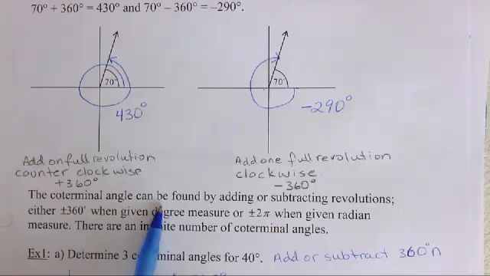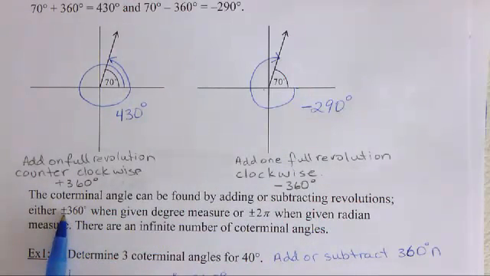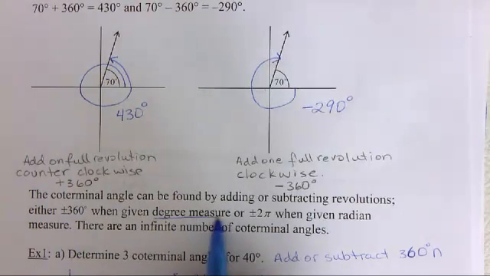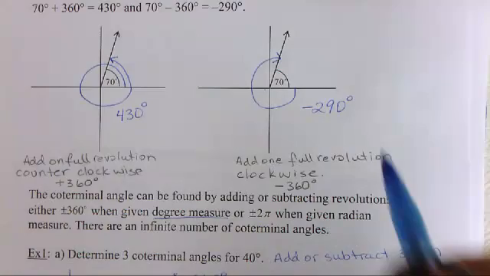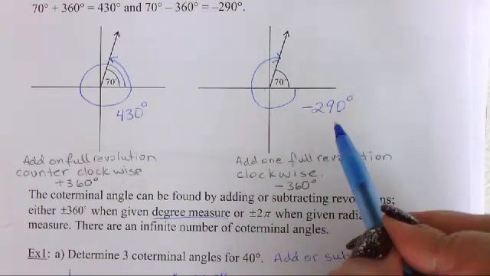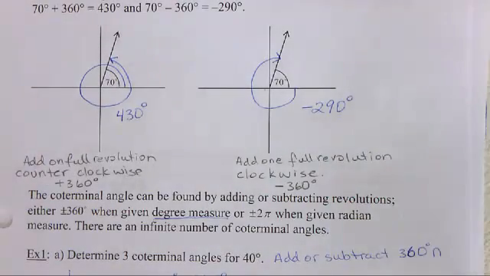A coterminal angle can be found by adding or subtracting revolutions, either plus or minus 360 degrees when we give a degree measure, or plus or minus 2 pi when given a radian measure. So if they give you pi by 6, then you would add the 2 pi to that and get your full revolution out of that.